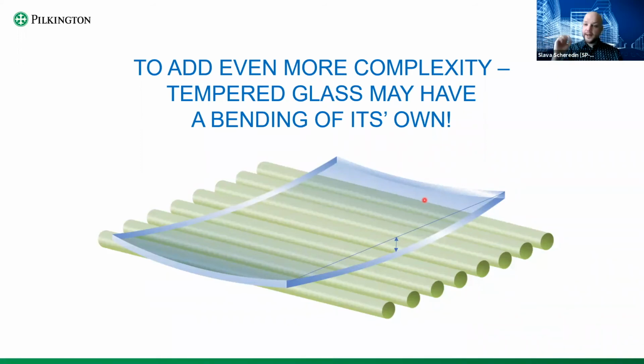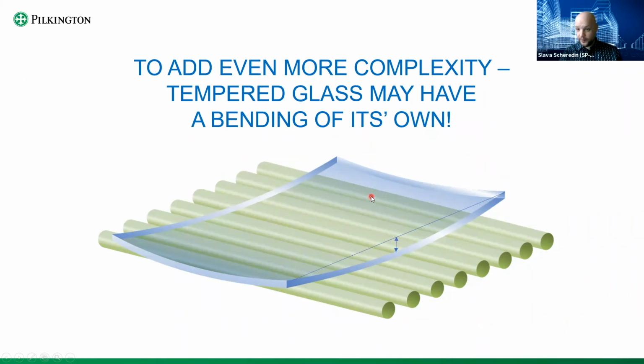But by the book, by the standards, tempered glass can have its own bending. And that, when you're thinking about IG unit design, also needs to be taken into account. Mind you, this is not a defect. This is a measure regulated by the standards for tempered glass.